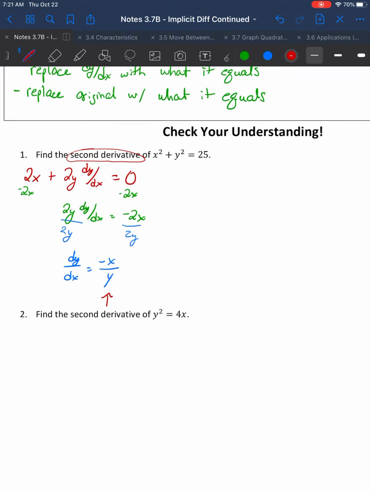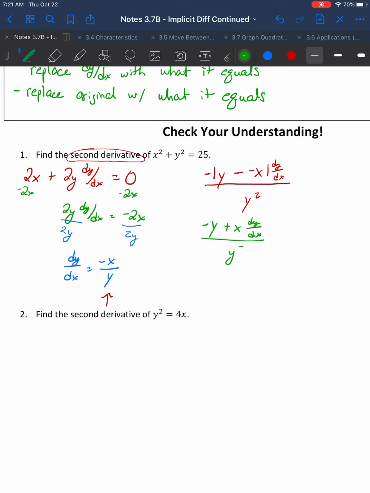So now, because I'm asking you for the second derivative, we're going to take the derivative of this answer. Now I have a quotient rule, so I'm going to have to use my quotient rule to take the second derivative. So derivative of the first, keep the second, minus, keep the first.